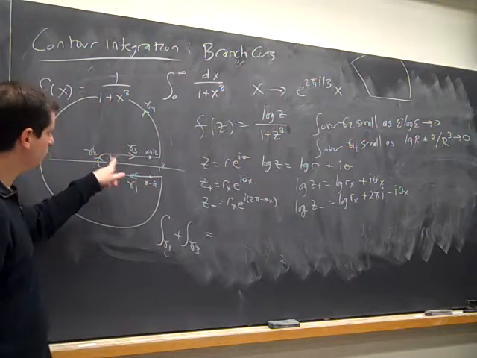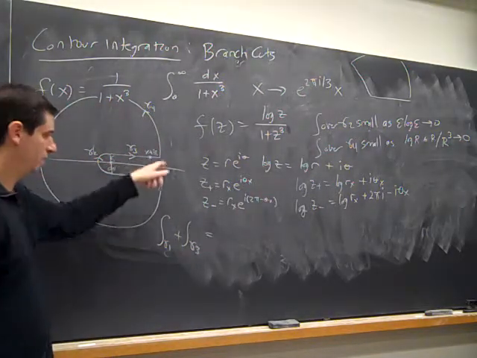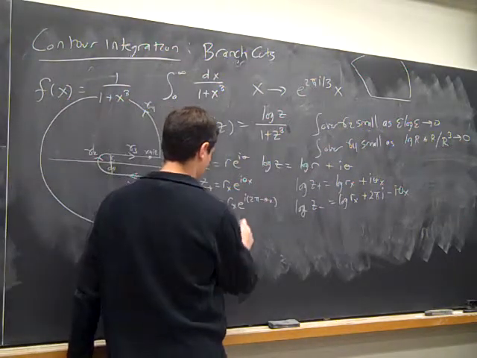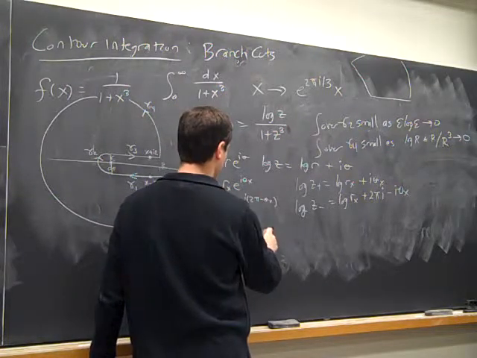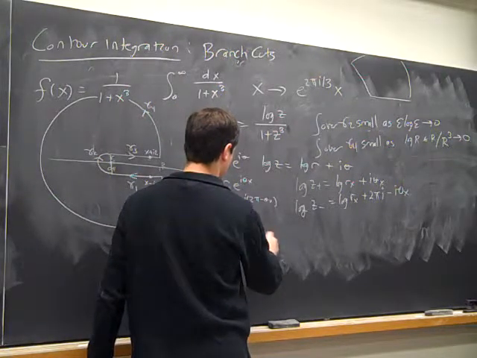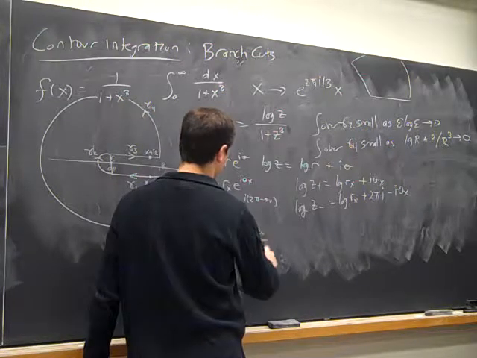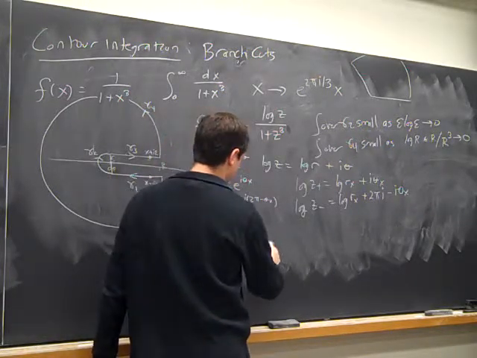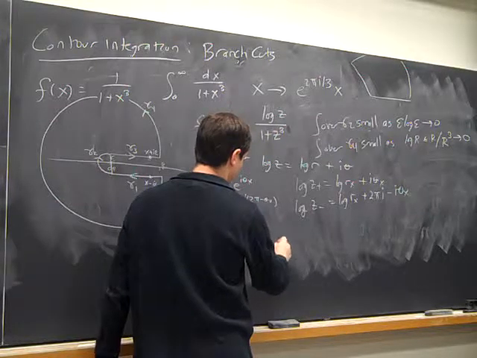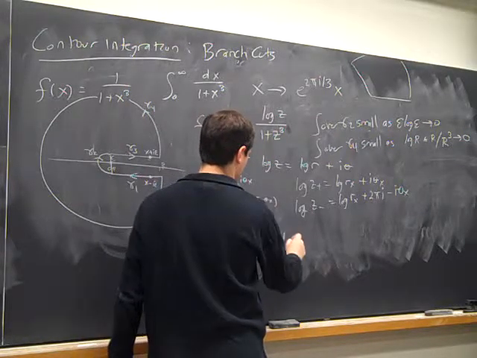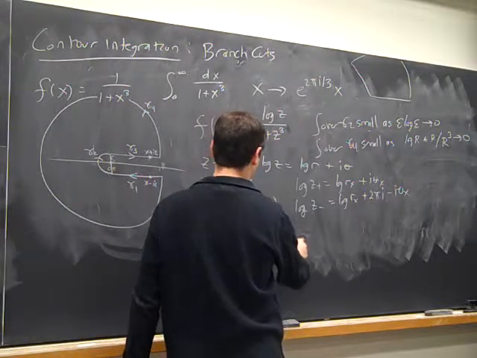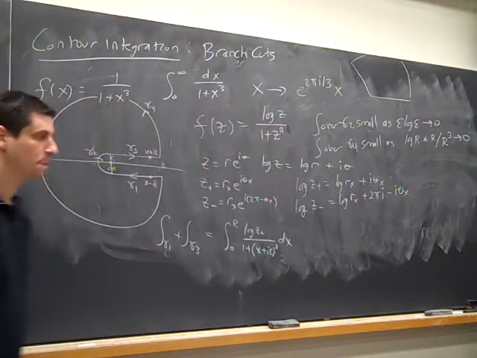So gamma 3 goes from 0 to I. I'll have the log of z plus over 1 plus z, where z is x plus I epsilon, cubed, and then just dx.